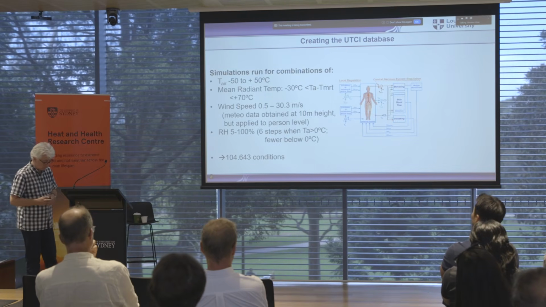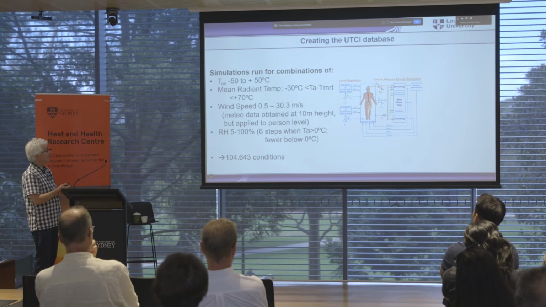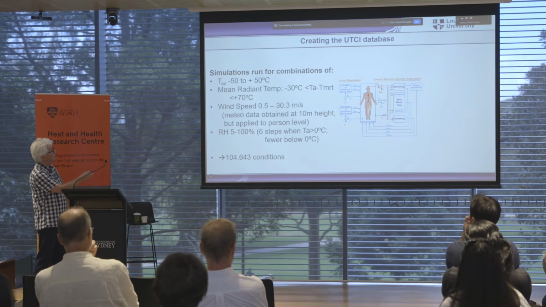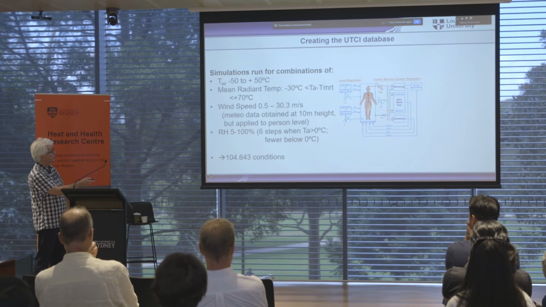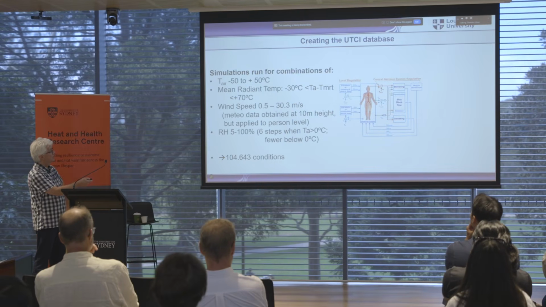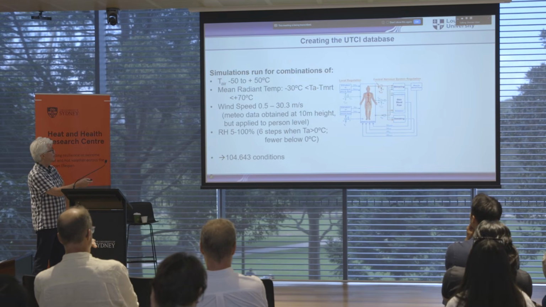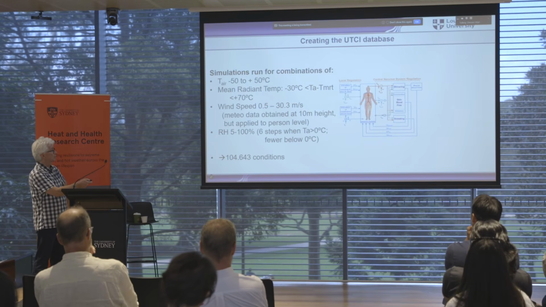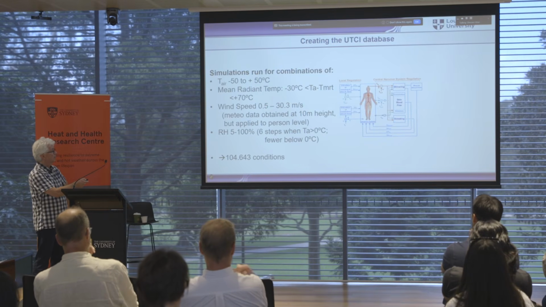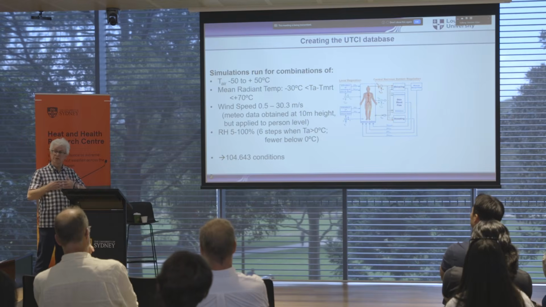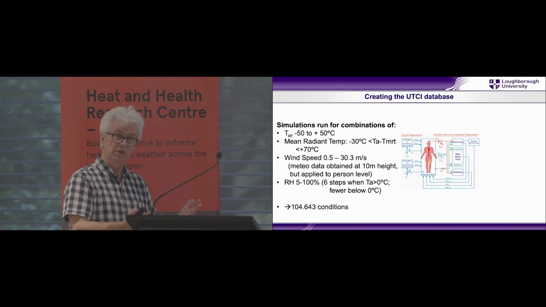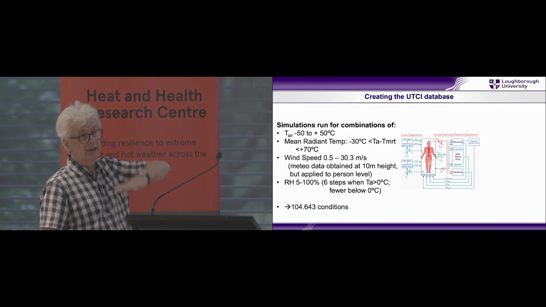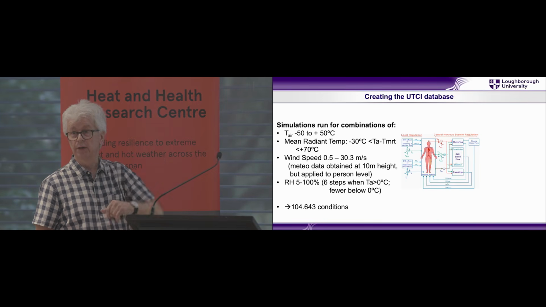So then we wanted to create the UTCI or calculate all the combinations. So we did runs for combinations of air temperature -50 to +50, mean radiant temperature -30 to +70 as a difference from air temperature, wind speed range 0.5 to 10 to 30 meters per second. And keep in mind, the model was developed for using meteorological data. So it's the wind speed at 10 meters high, but don't worry, it's corrected for the height of the person.